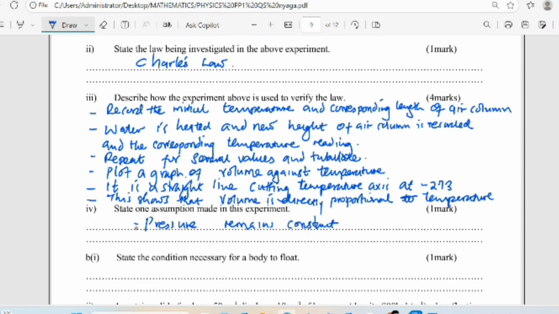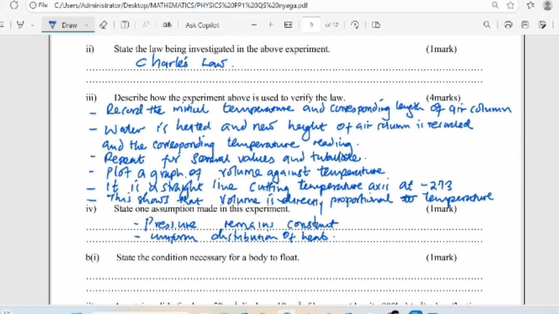Then number 2, during the recording of the temperature, we expect uniform distribution of it. So there will be uniform distribution of it.